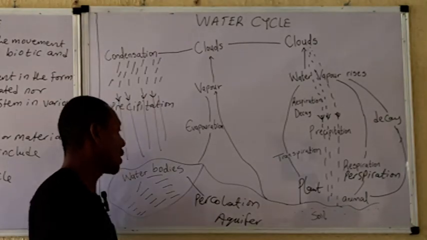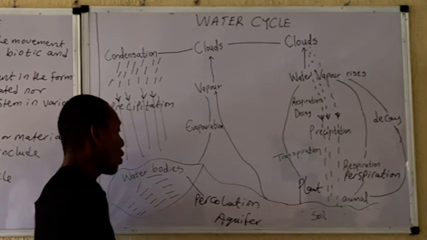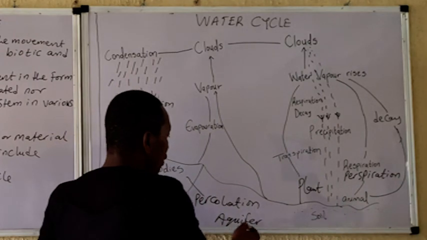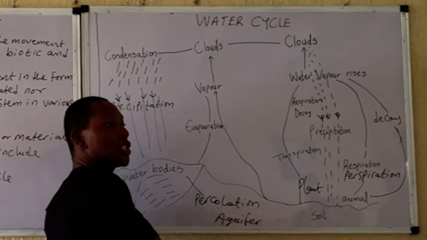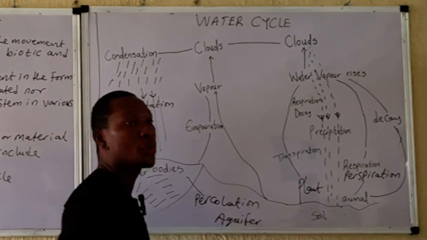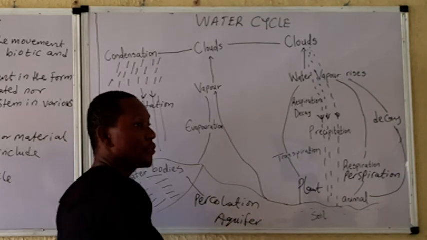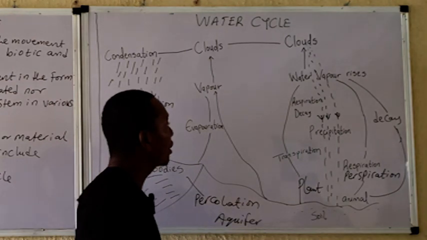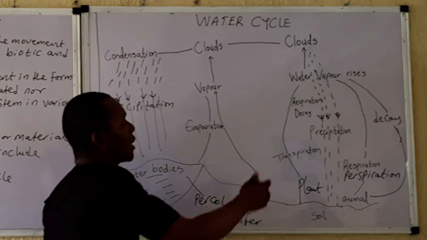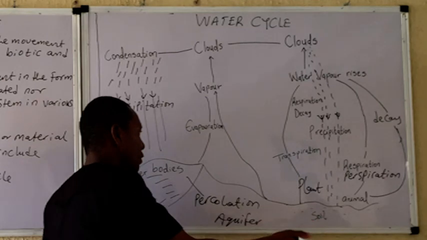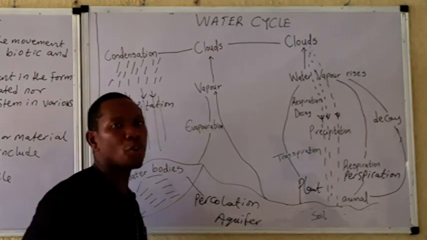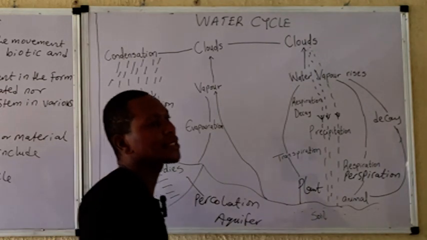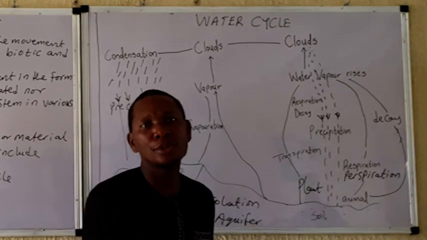Water can also move down into the aquifer through a process called percolation or drainage, in which this water at the aquifer eventually enters the land through streams. You see water leaving the ground, sometimes in the desert and various places, forming what? Streams. So once the water comes out from the ground again, it also undergoes evaporation. So there is this constant circulation of water in nature. That simply forms the basis of the water cycle.